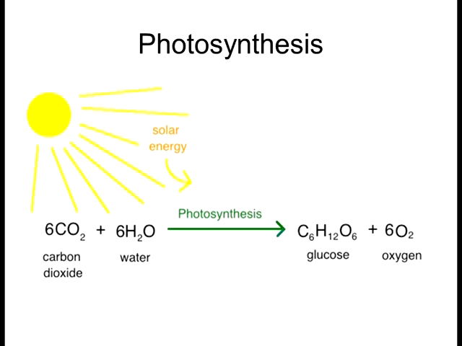The products are glucose and oxygen. Those are the two products of this overall process. Like any metabolism, there are always enzymes at every step of the way. But most of those enzymes we're just going to ignore. There are a few, however, that I'm going to make mention of because they play a role in understanding certain evolutionary mechanisms as well.